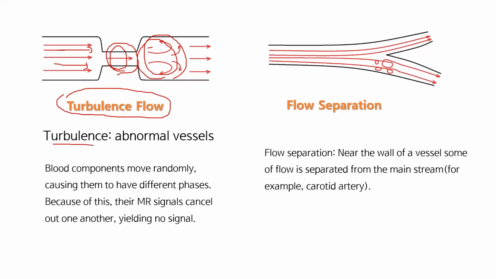So turbulence flow occurs in abnormal vessels in this situation, because there is a small gap between blood vessels, then we can obtain the turbulence flow.